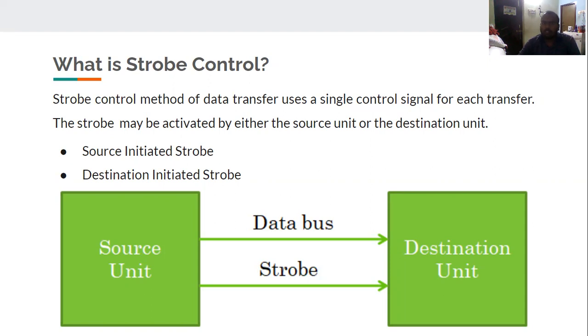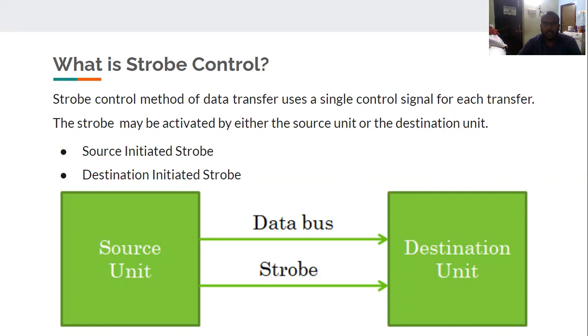It only uses a single control signal for each transfer.